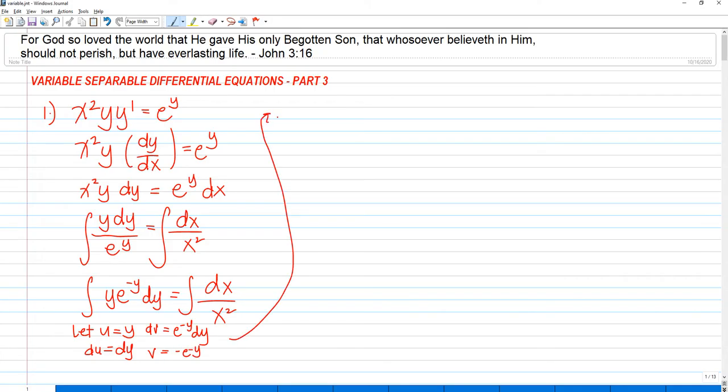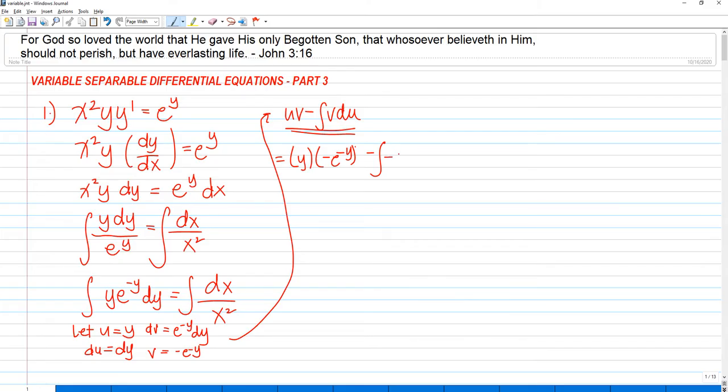So rewriting this, we have the formula uv minus the integral of v du, which we know when we use integration by parts. So on the left side, we have uv, the value of u, y, multiplied by v, which is negative e raised to negative y, minus the integral of v du.